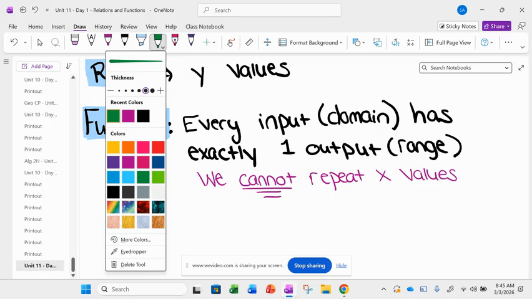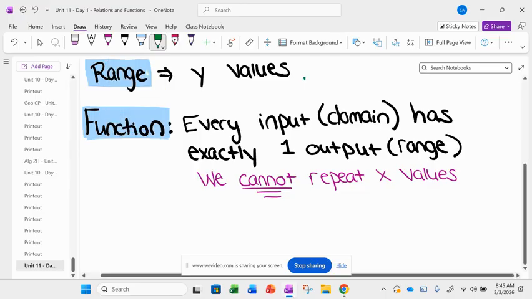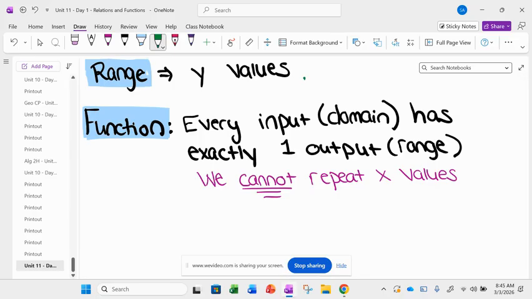Each person has just one birthday, but can multiple people land on the same birthday? Yeah, somebody else's birthday could also be June 23rd. That's okay. But me alone cannot have multiple birthdays, but multiple people can share the same birthday. And I always remember that's sort of how functions work. Every X has its own Y, but multiple X's can share the same Y. That's how that works.